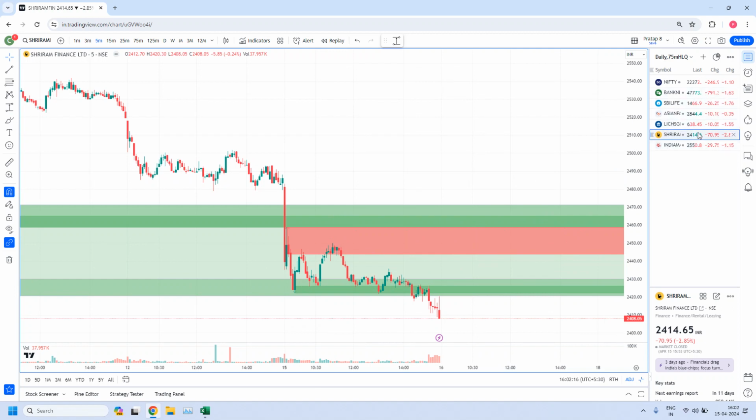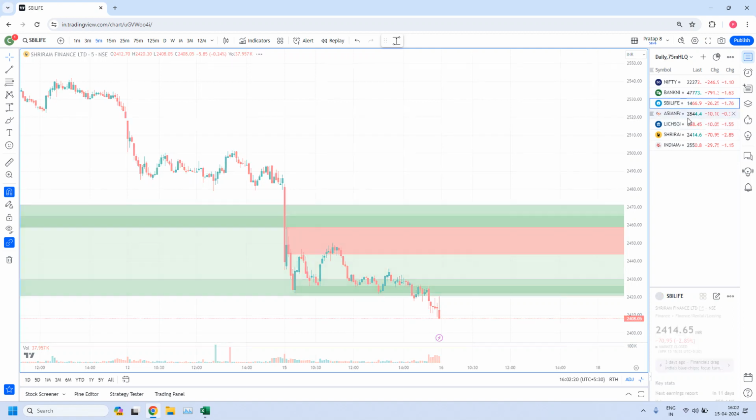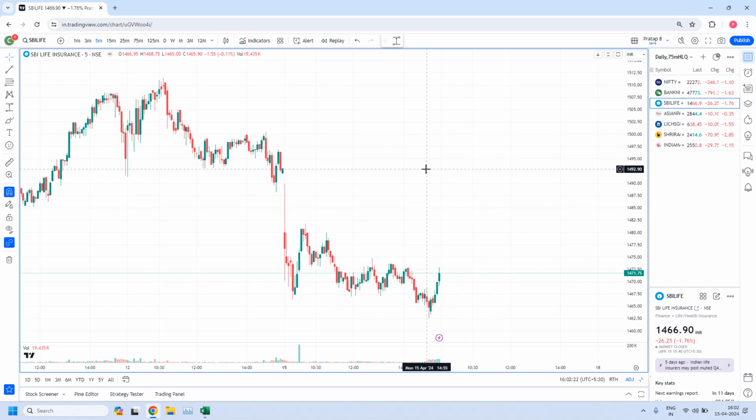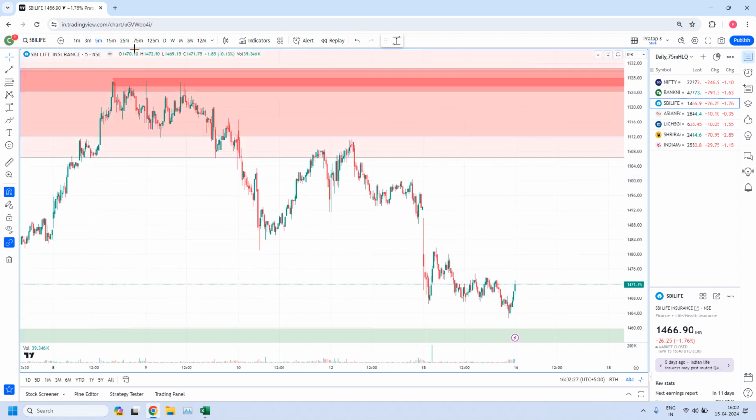And the remaining two stocks which haven't executed are the supply zones, SBI Life, because prices didn't move up to that. And SBI Life is a daily zone. I already explained this zone, how to fine tune, everything I explained in one of the earlier videos.